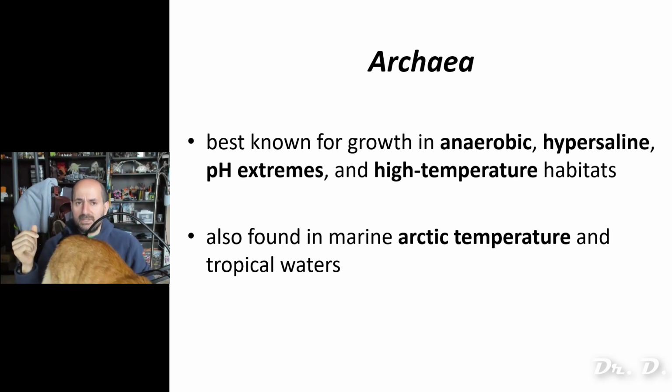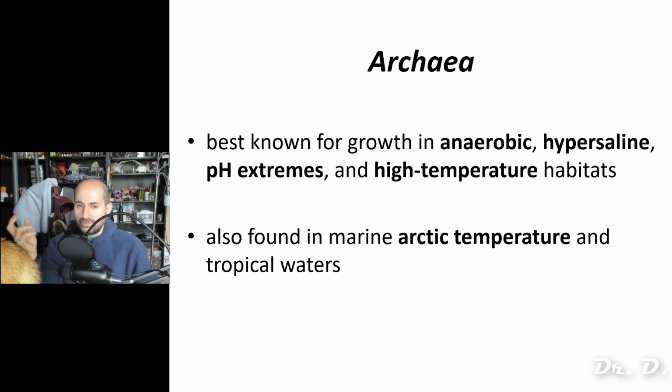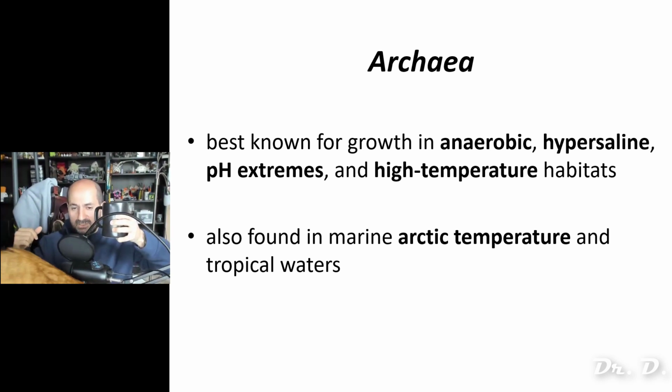So just keep in mind that because Archaea can grow in these extreme environments and prefer to grow in these extreme environments, they typically do not cause human disease. Because remember, I made a big point about this earlier this semester, and that is that the reason why certain bacteria cause disease is because those bacteria prefer to grow on the human, right?